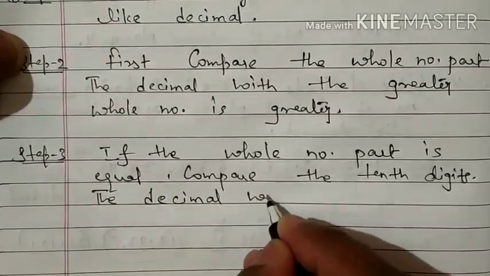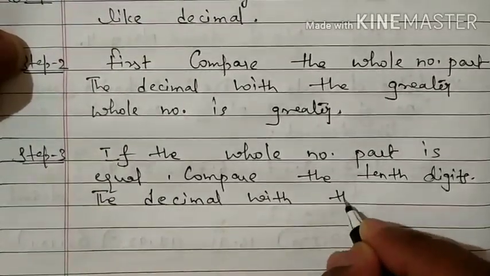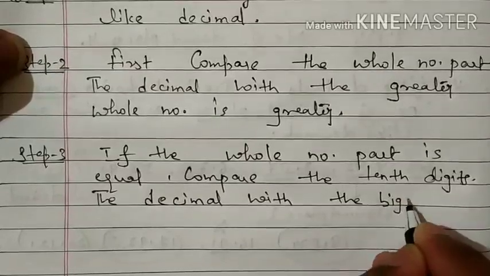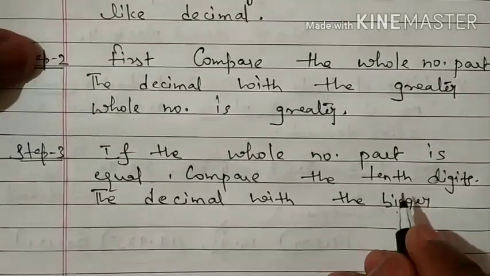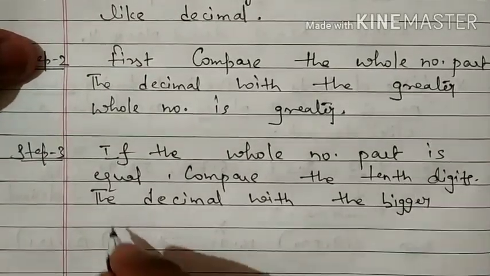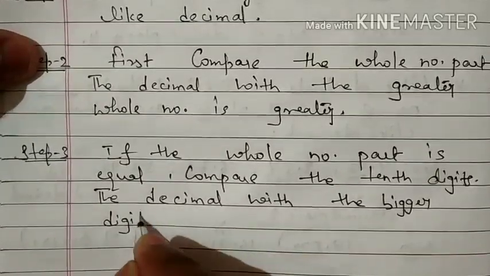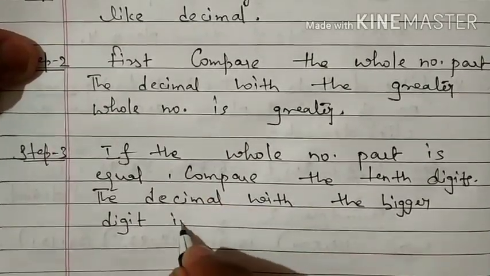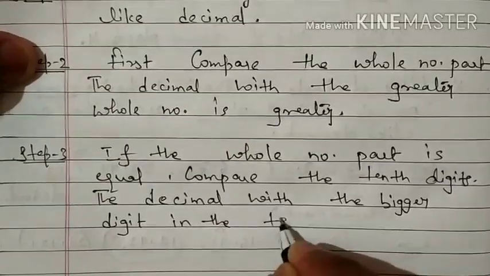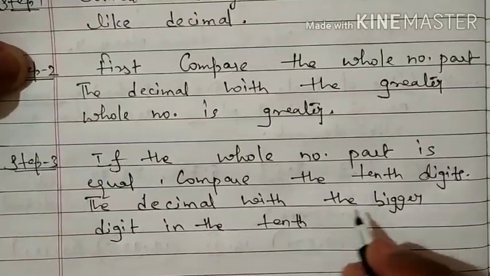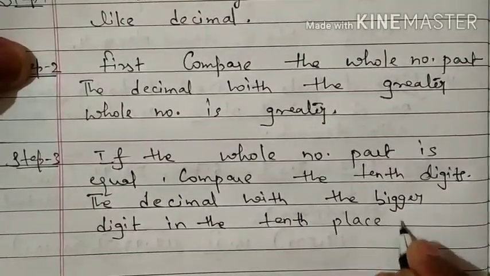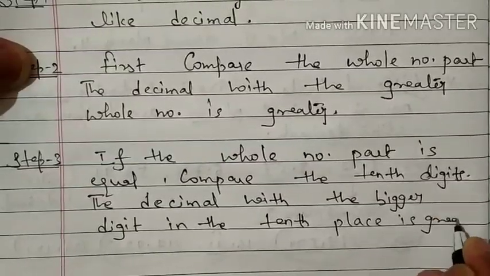The decimal with the bigger digit in the 10th place is greater.